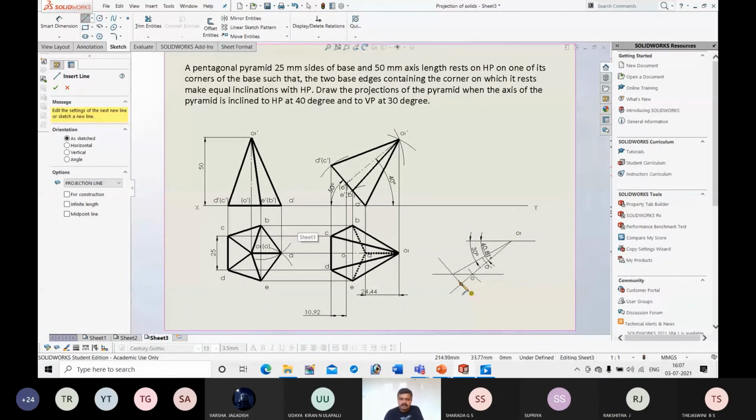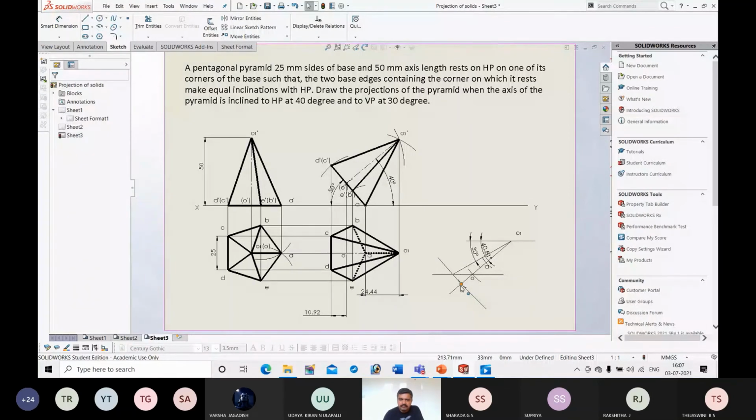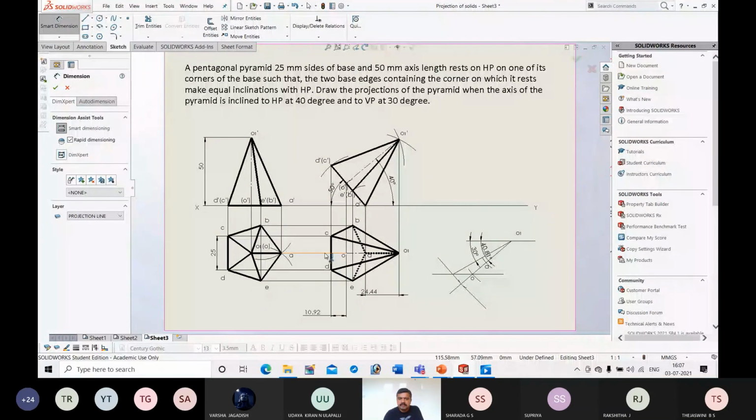Next, take the radial distance between center of CD to C. If it is 25, half of it means 12.5. From this point to this 12.5, from here to D it will be 12.5. If you measure also, you will get the same value, 12.5 radial distance between this point and this.